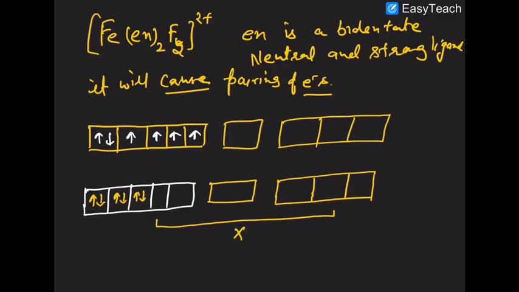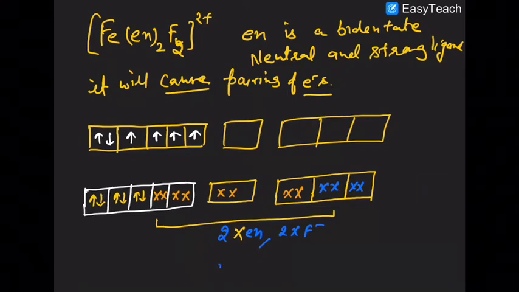I will give a different color to the ligand. This is the electron given by en, and this is the electron given by the fluoro ions. So 2 en are there and 2 fluoro ions are there.